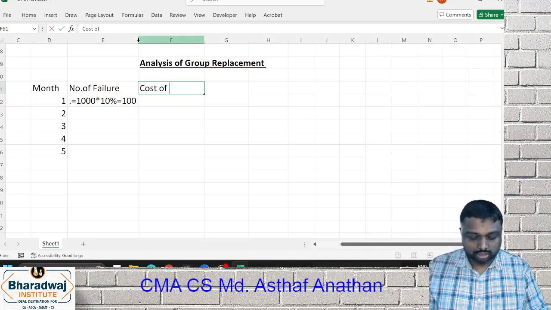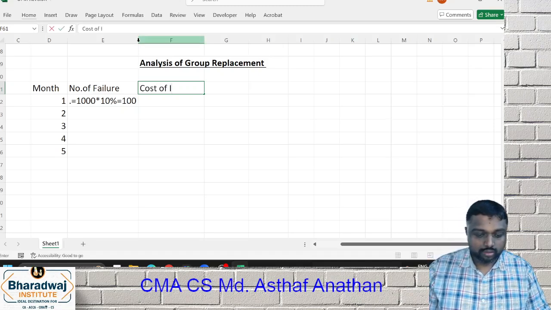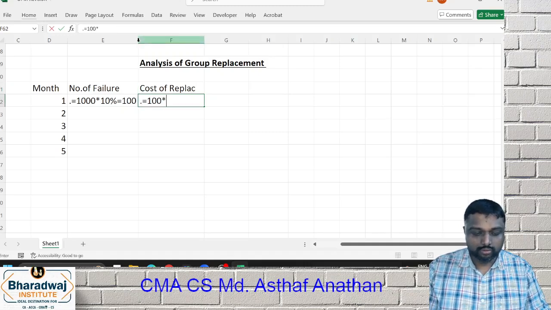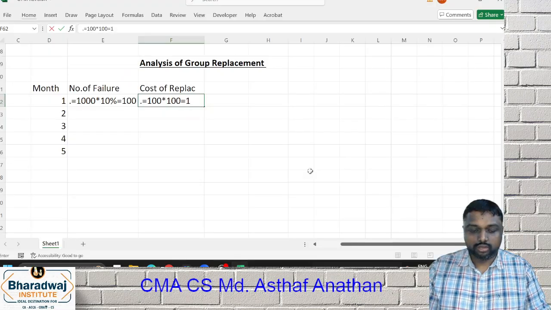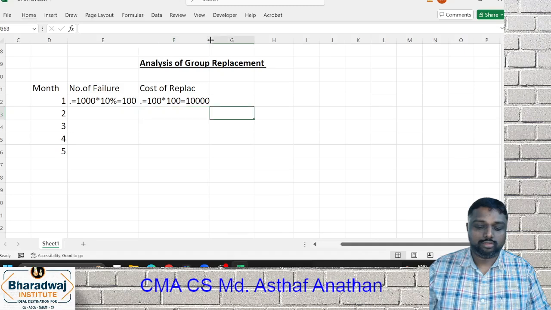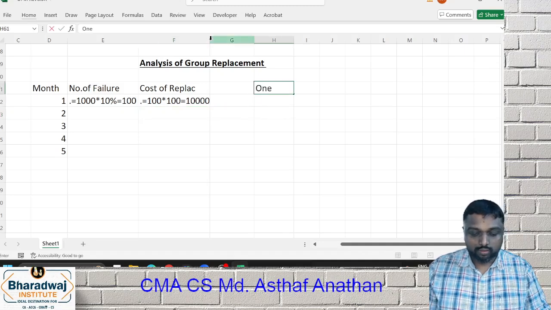So what is the cost of replacement? It is 100 into 100, because you have to pay 100 rupees individually, which will come to 10,000. Now what is the group replacement cost? I call it the initial cost. In the regular class also we used initial cost.